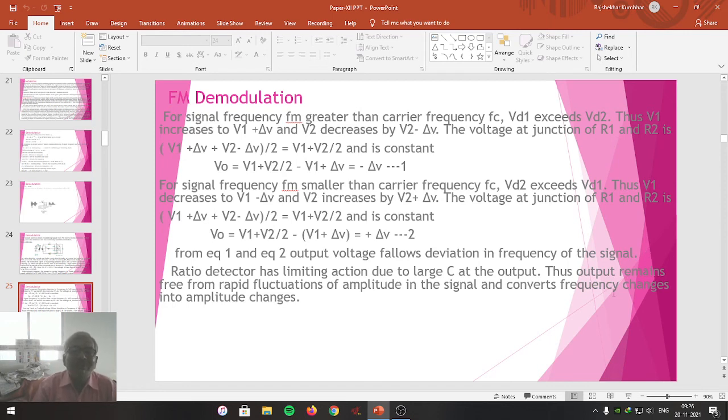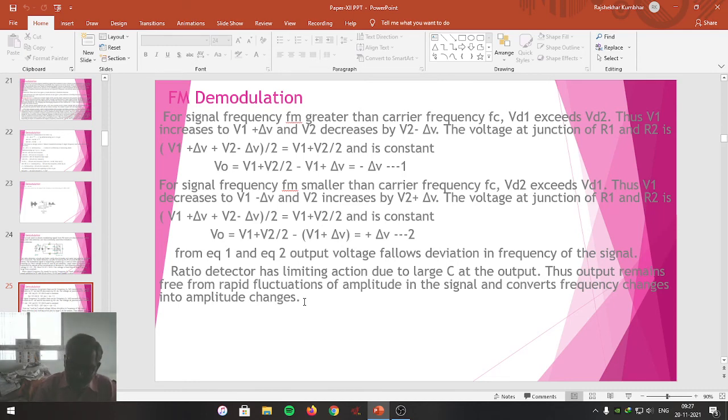Friends, the ratio detector has limiting action due to the large capacitor C connected at the output, as we have seen in the circuit diagram. Thus the output remains free from rapid fluctuations of the amplitude in the signal and converts the frequency changes into amplitude changes.